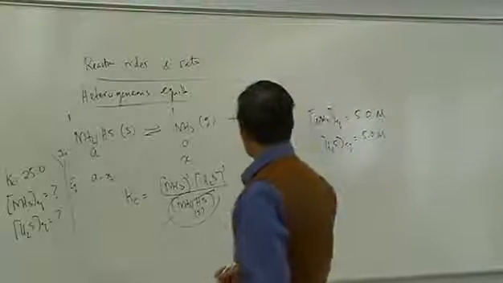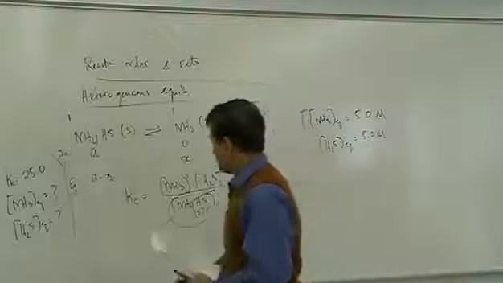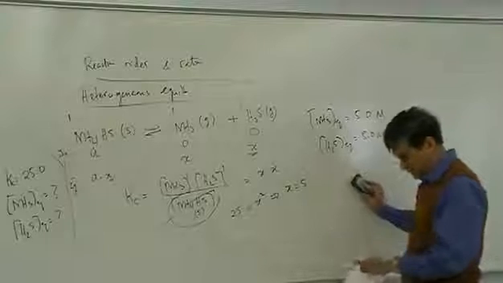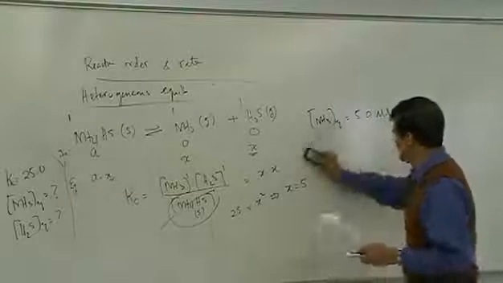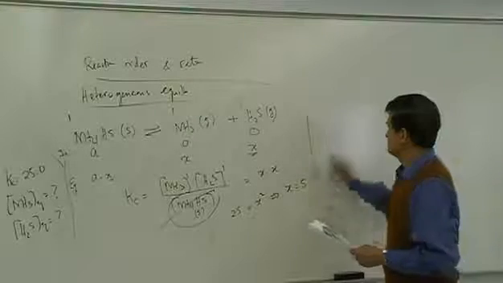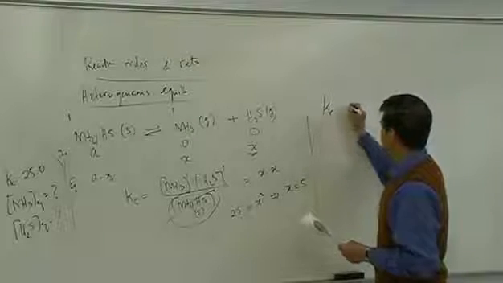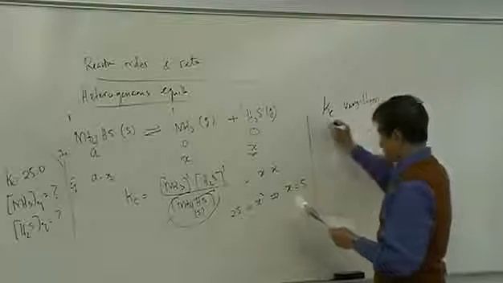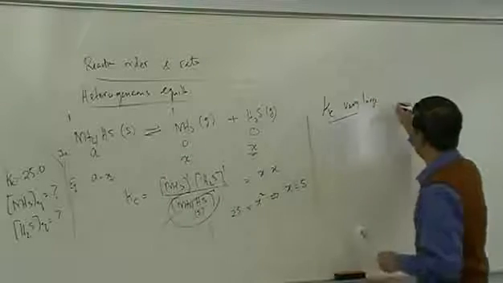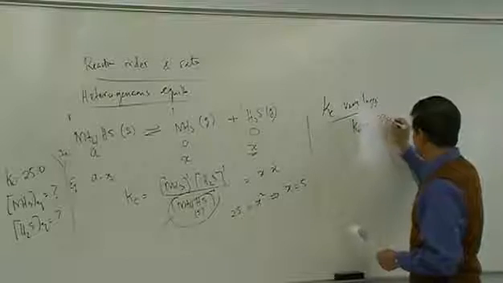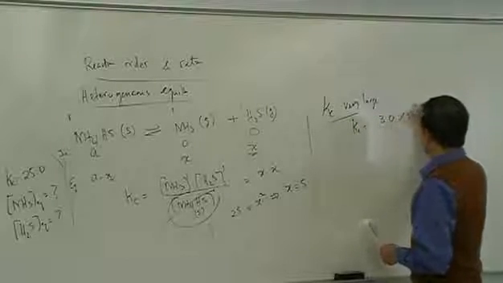Two more things I wanted to talk about. If I have an equilibrium constant, say Kc value, very large or very small, what would that mean? Kc, very large. What does that mean? Let's pick a number. Say Kc equals 3.0 times 10 to the power 10.